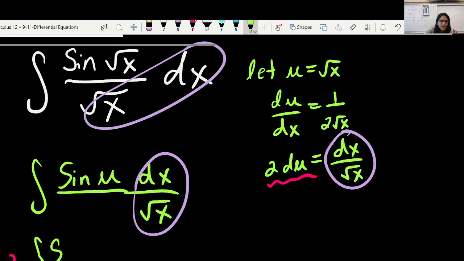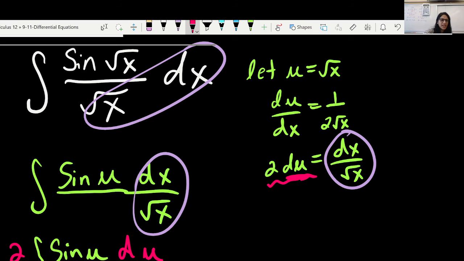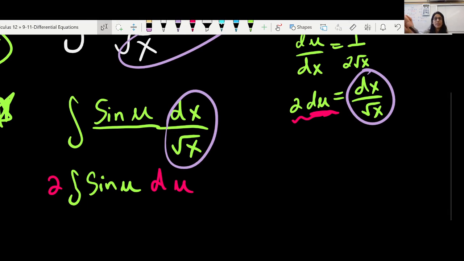So then I have sine of u, and then at the end, I have that du from right here. So you can see that this is starting to look much nicer, much cleaner than what we originally had, which is the whole idea behind this, to simplify things and make life easier for ourselves.